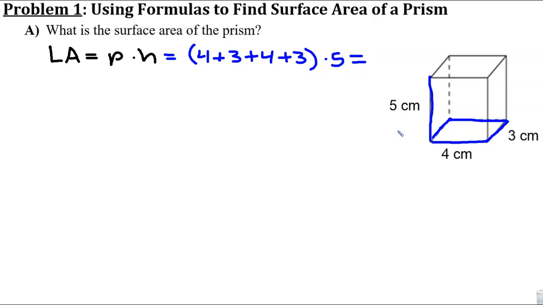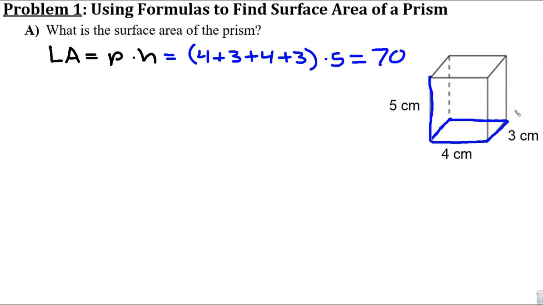And when I make that calculation, that's going to add all four of these sides between my bases together. Okay, if I think about doing this one step at a time, distributing, 5 times 4 would give me the area on the front. Then 5 times 3 would give me the area on the right side. Okay, and so on for all those rectangles. So my lateral area is 70 when I calculate that.